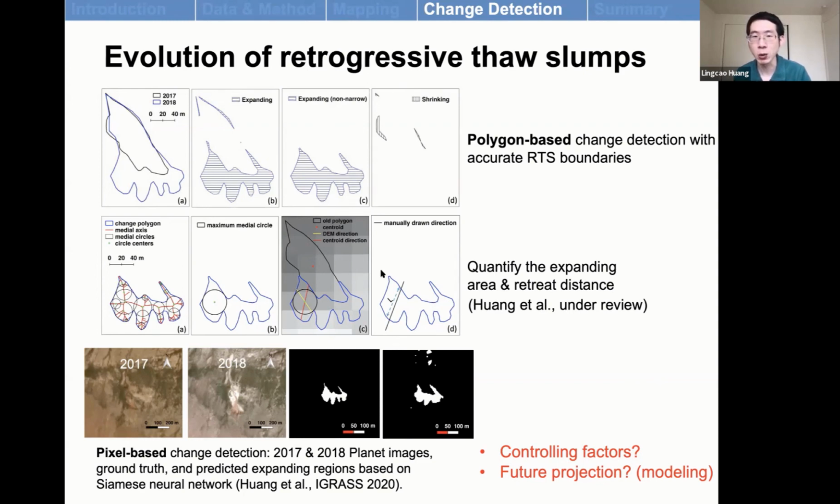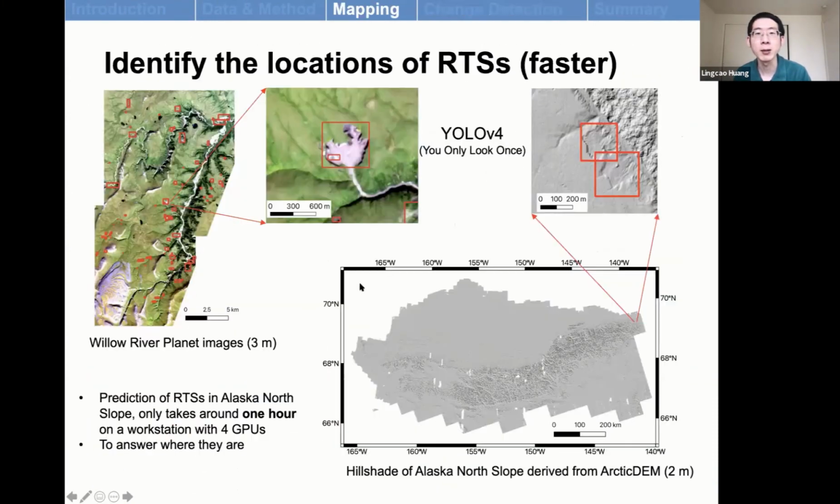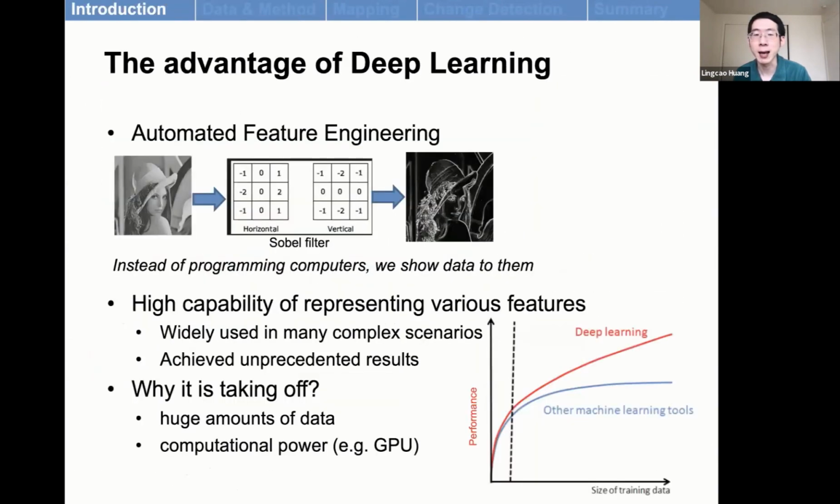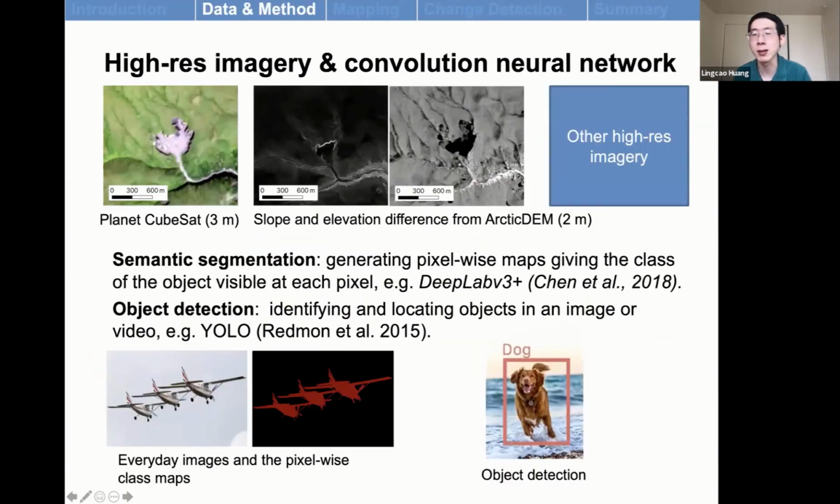And for my current work, we can observe some features. For example, this is a slope, and this is an elevation difference. ArcticDEM actually has multi-temporal observations, so we choose the newest one and the oldest one. Then we do a differencing.